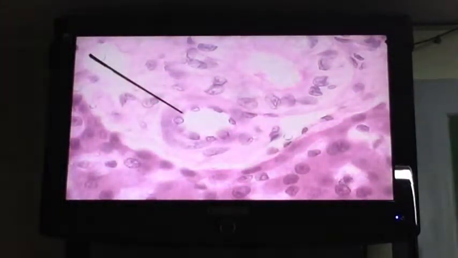Now let's move on to the next structure, the gallbladder. Next slide is the gallbladder.